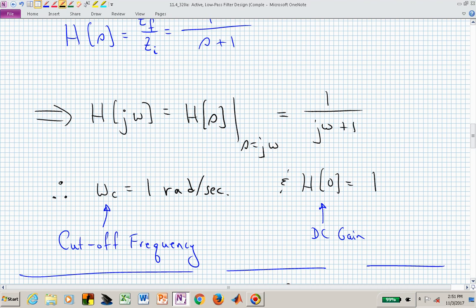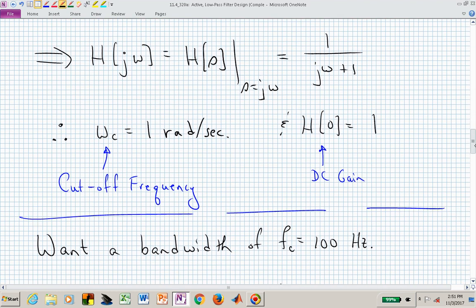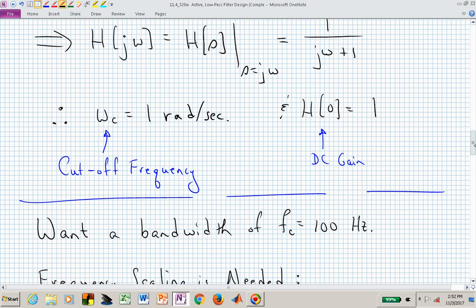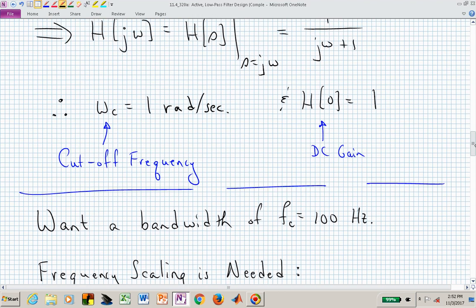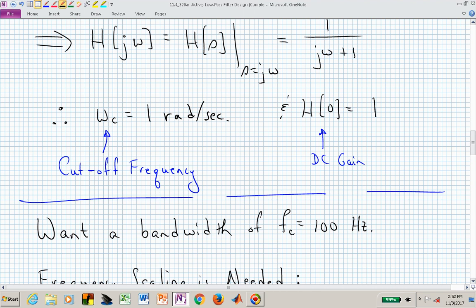Well, that's not going to satisfy our design specs. We wanted a bandwidth of 100 hertz. Now, keep in mind that this is hertz and not radians per second. So now let's see what we have if we start with an initial transfer function with a bandwidth of 1 radian per second.